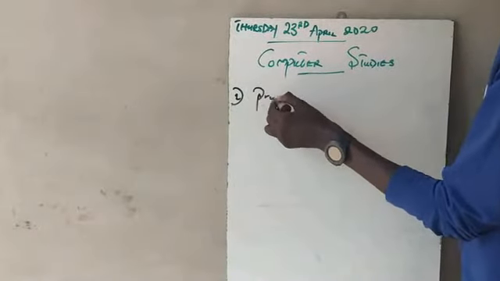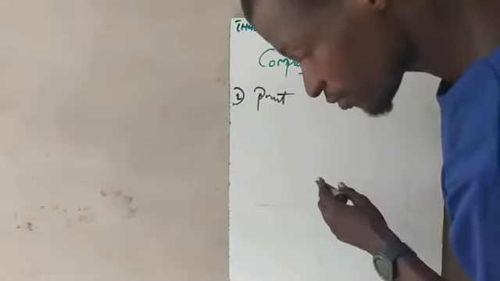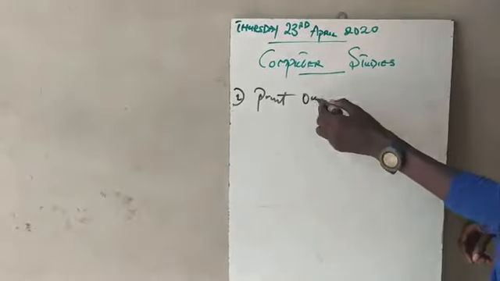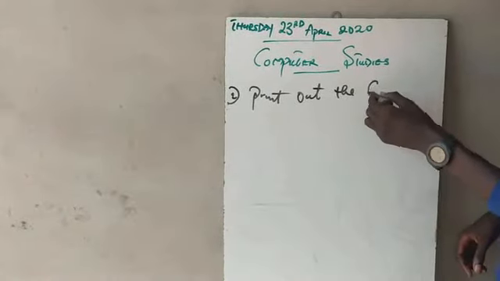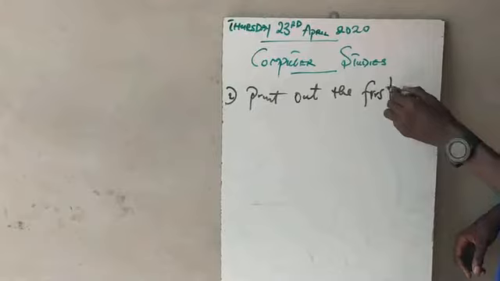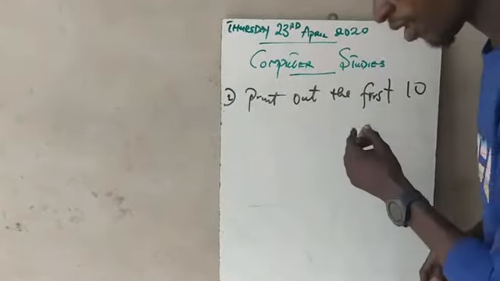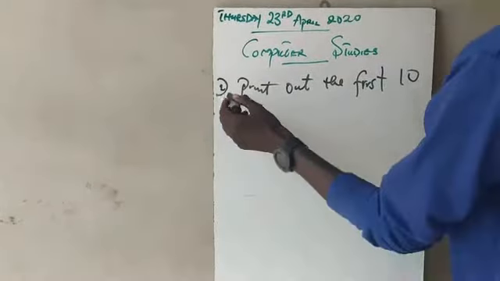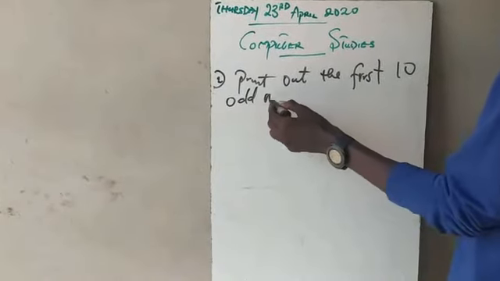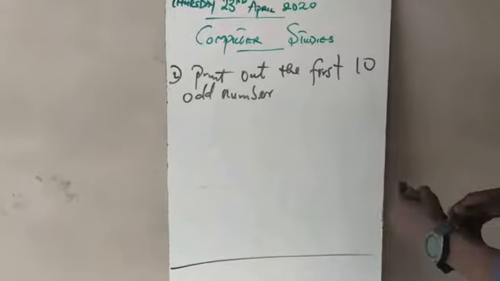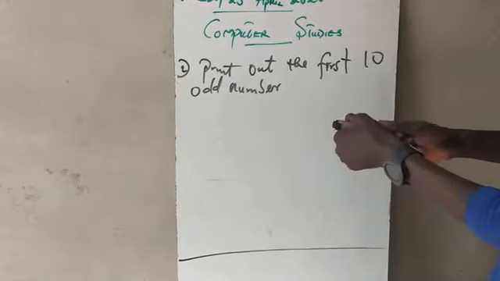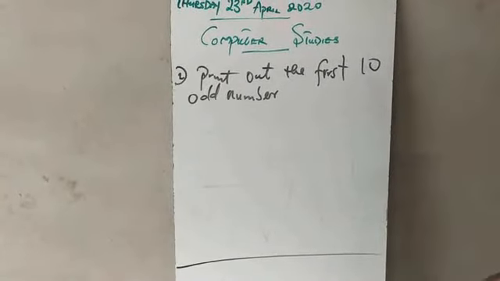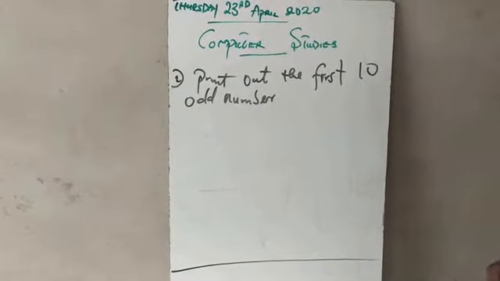Print out the first 10 odd numbers. Alright, so question 2, print out the first 10 odd numbers.